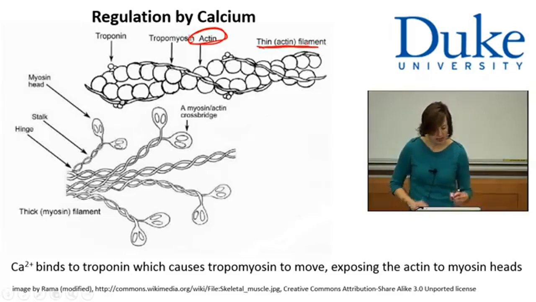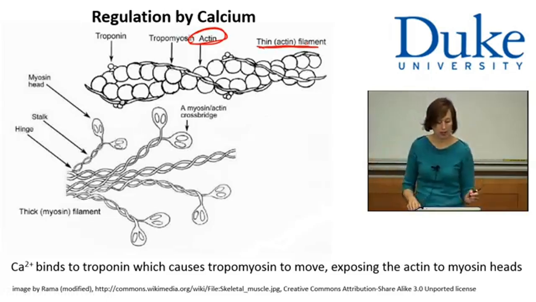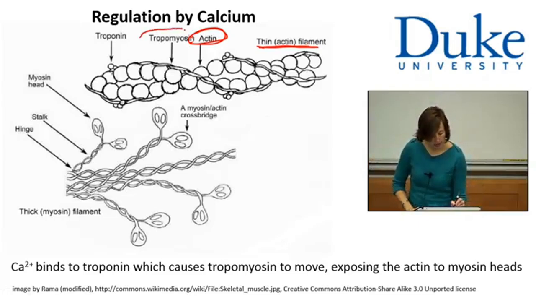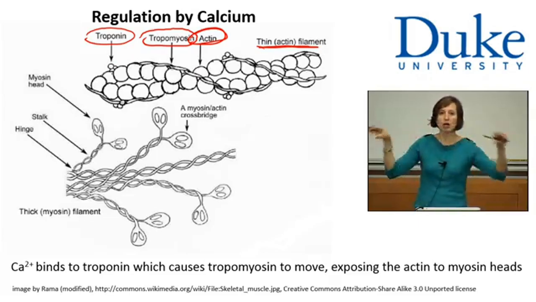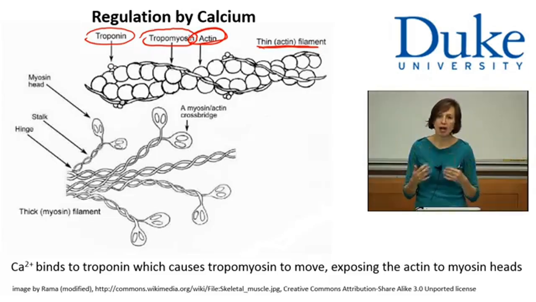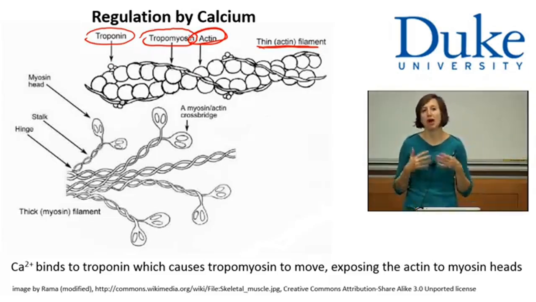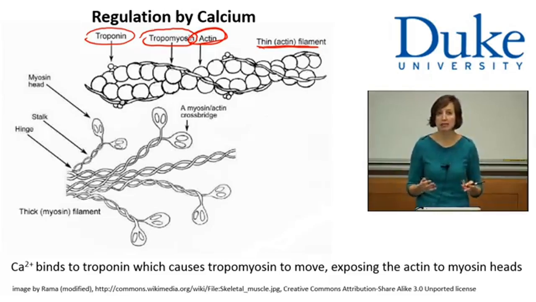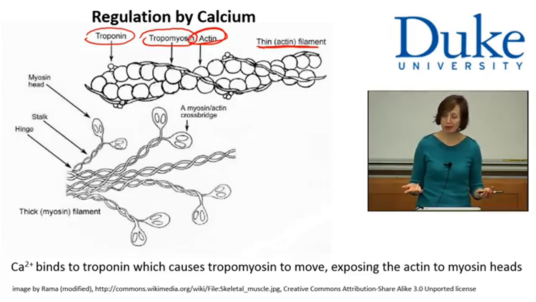And you can see that there's another structure on here called tropomyosin and troponin. Tropomyosin is running in parallel along the actin, and it's binding actin at the site where myosin would bind. So tropomyosin is preventing myosin from binding actin when there is no calcium around.